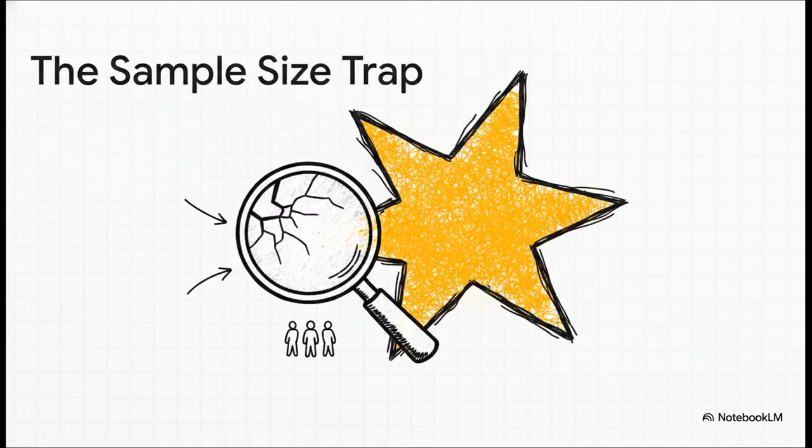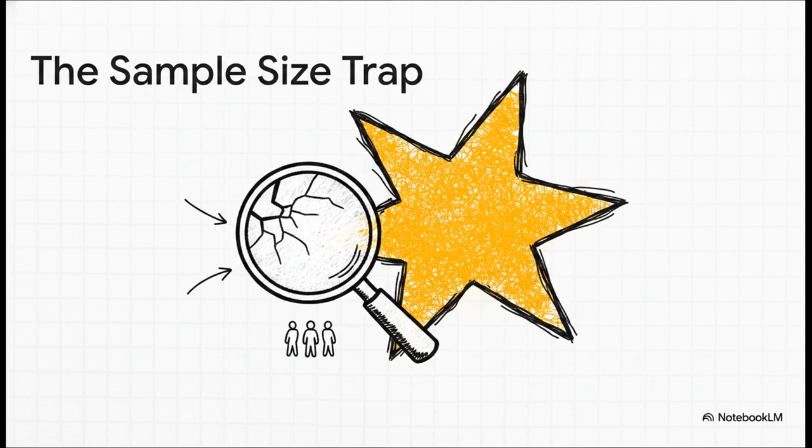Okay, before we solve our final case, I need to warn you about a trap that catches even seasoned researchers. This is definitely something you should always look for when reading a study: the sample size trap. Look, a brilliant experimental design is completely useless if you lack statistical power. You absolutely need enough participants to reliably detect a real effect. A super common mistake in classroom research is running a study with only 15 to 20 participants per group.